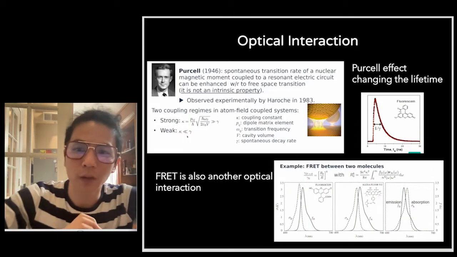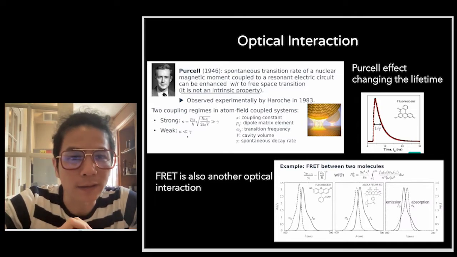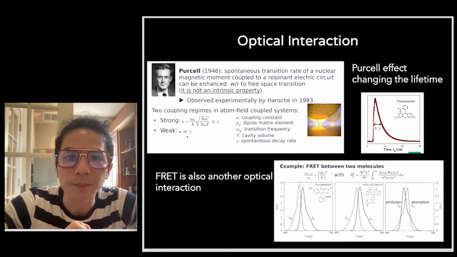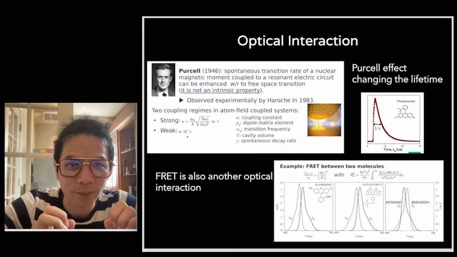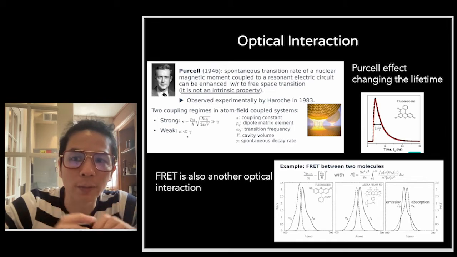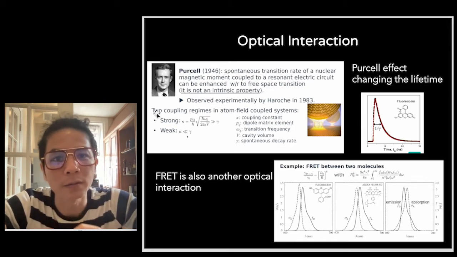And when they interact with each other, many interesting things happen. But here are some examples of optical interaction of nanomaterials. So one is the Purcell effect. The Purcell effect is the basic optical interaction when you have two materials that are optically active and interactive.